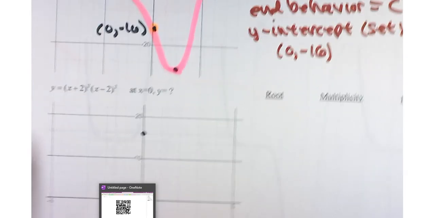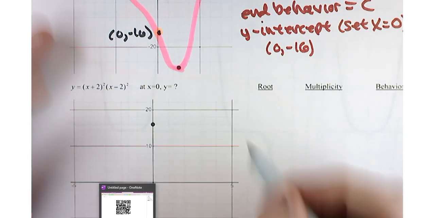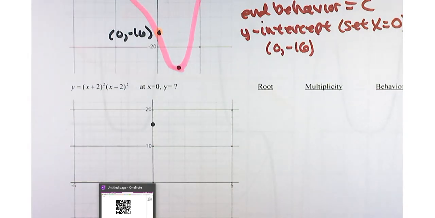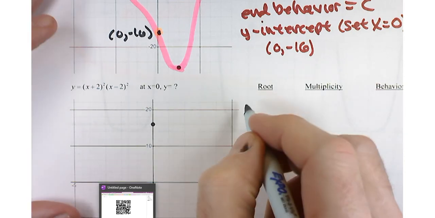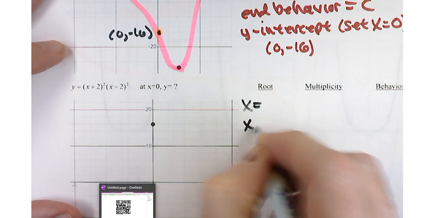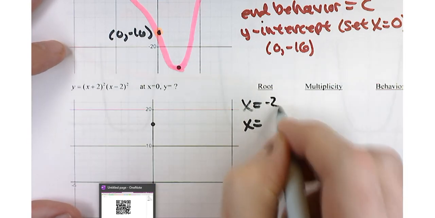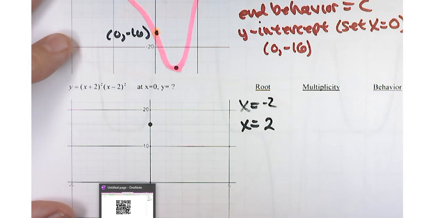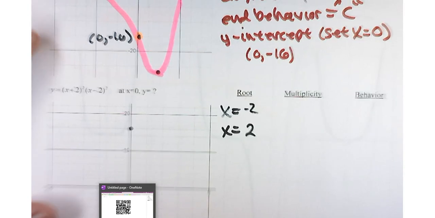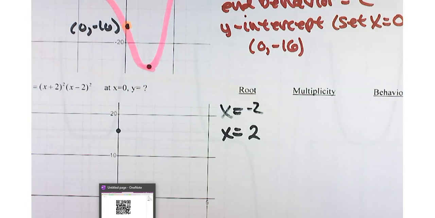Let's take a look at this next one. We have the same two roots in this one that we did with the last one. What are our two roots? Well, -2 and 2. Are you comfortable yet with the multiplicity? Can you read off the multiplicity of each root here? 2 and 2.